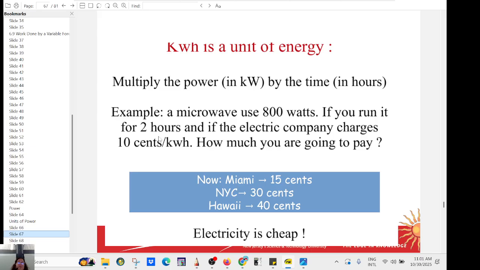I don't think it's a good idea to use it for 2 hours, but let's say everything will be very dry, just for the sake of the computation. Energy in kilowatt hour is power in kilowatt times the time in hours. Yes, 16 cents, you're right.